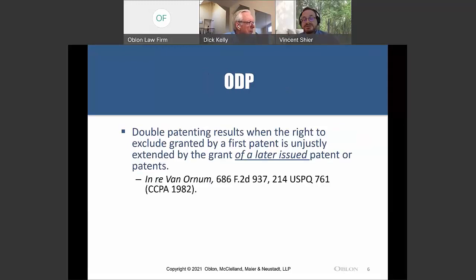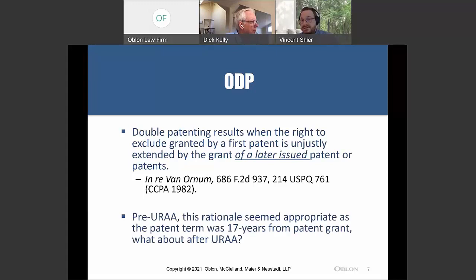Prior to the Uruguay Round Agreements Act, double patenting was mostly found to result when the right to exclude granted in the first patent was unjustly extended by the grant of a later issued patent. That worked under the pre-URAA scheme, where the patent term was measured as 17 years from the grant of the patent.